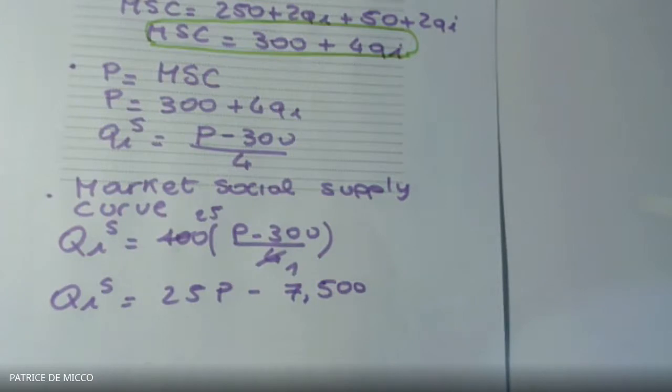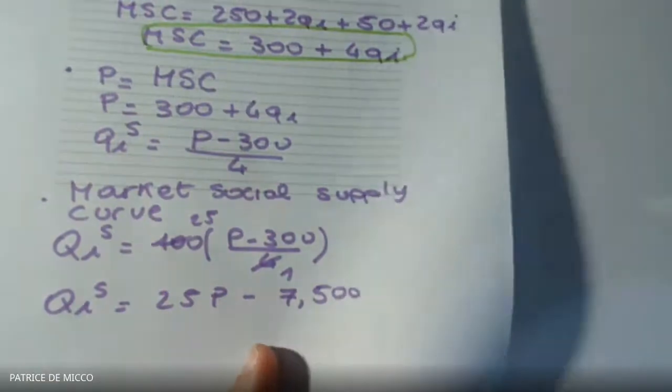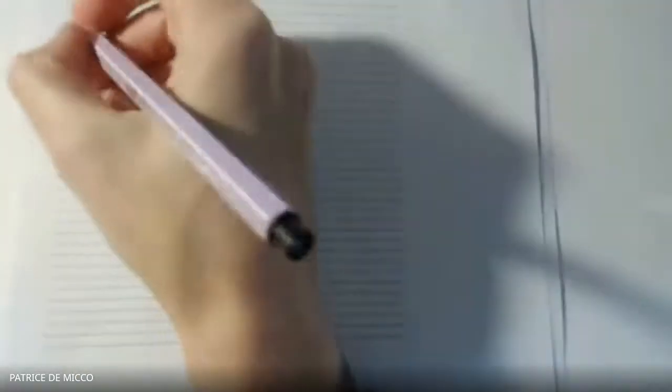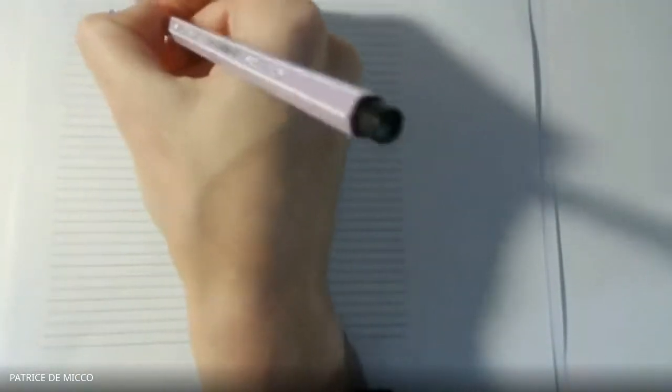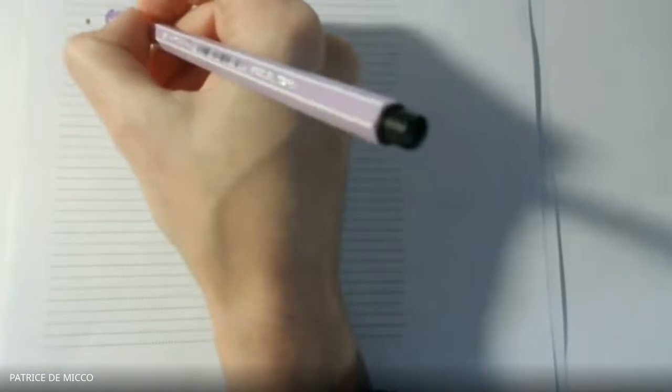This is the market supply curve, but now we need to set up the equality in order to find the equilibrium. We need to set up the equality between this market supply and the demand. And this is what we do now. So we set up the equality between QS and QD.